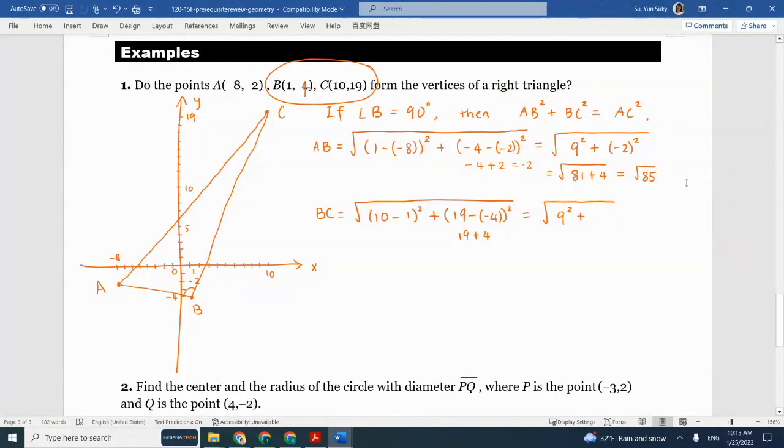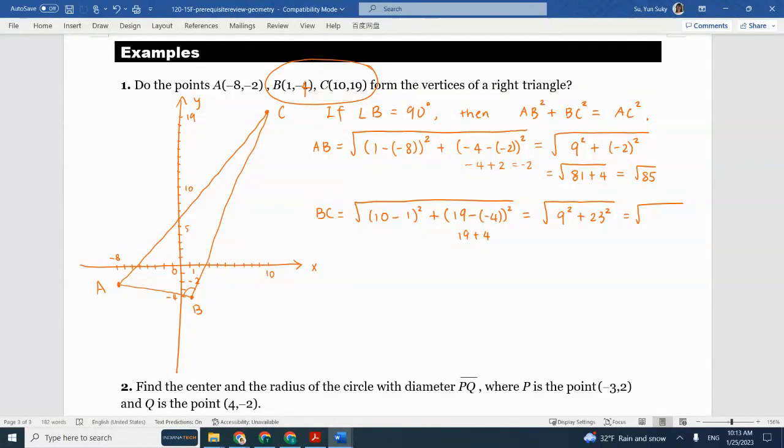What's 19 plus 4? Anyone type your answer in the chat? 23. Thank you. Yes. 23 squared. Ooh, this is a big number, right? So you can use your calculator.